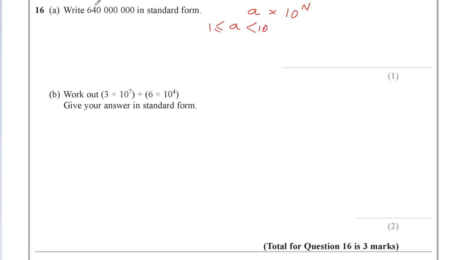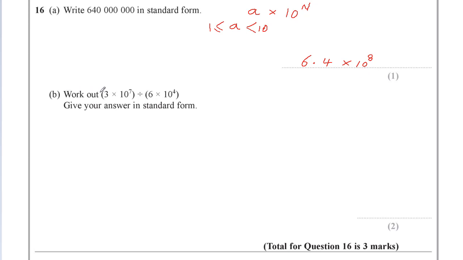So what we need is 6.4 times 10 to the, we'll have a look. I always count them back from here. 1, 2, 3, 4, 5, 6, 7, 8. Okay, 1 mark for that.